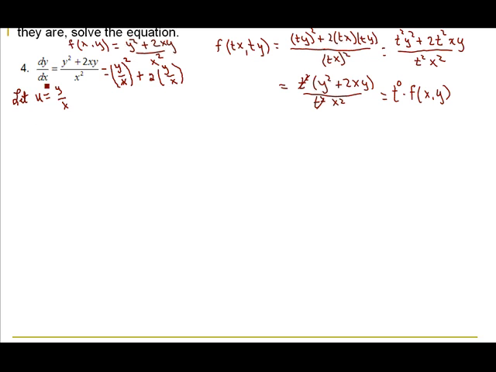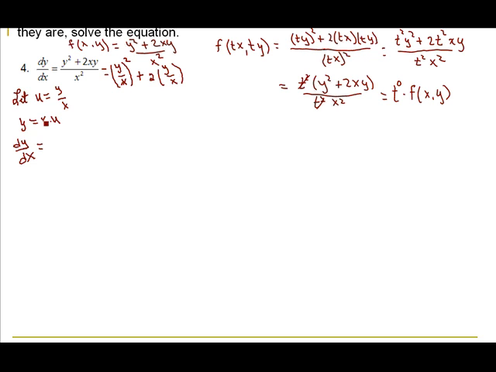When we substitute in, we also want to substitute in for dy dx. So let me go ahead here and solve for y. y is x times u. So dy dx, on the right side here, you want to use the product rule.